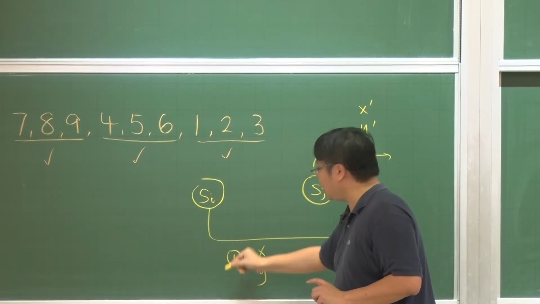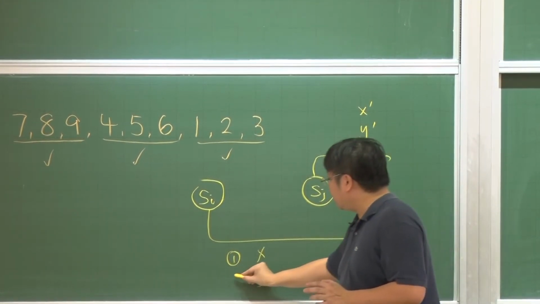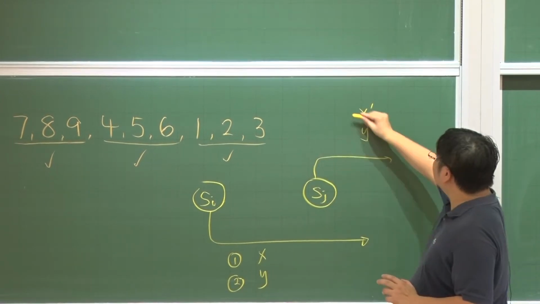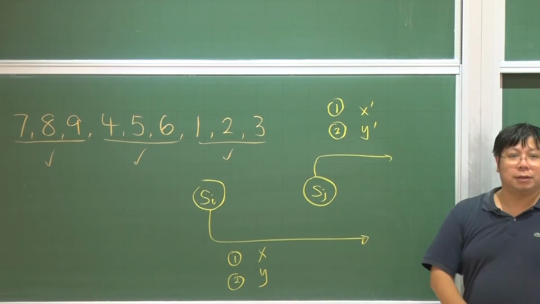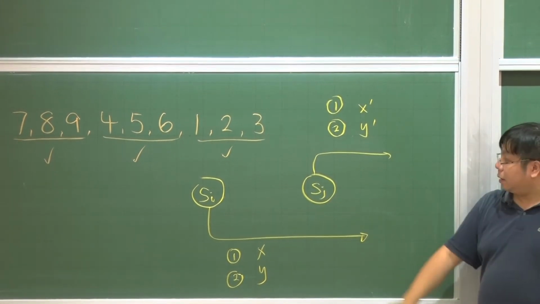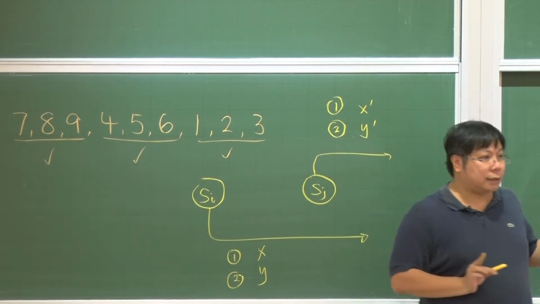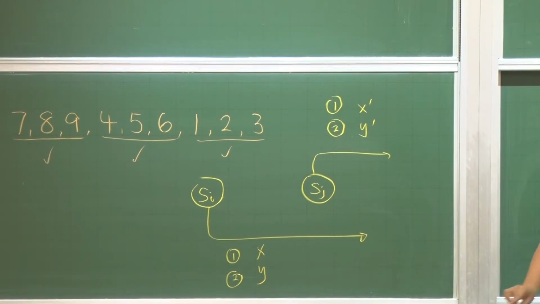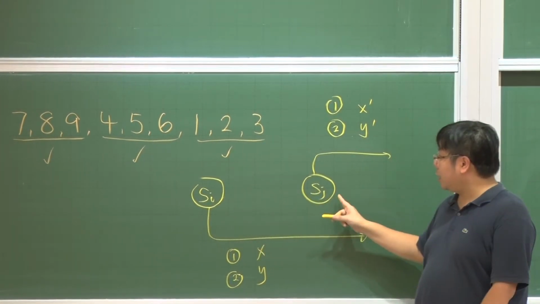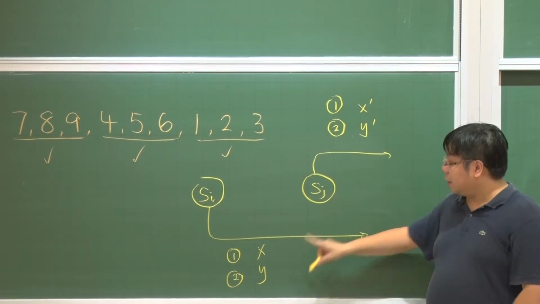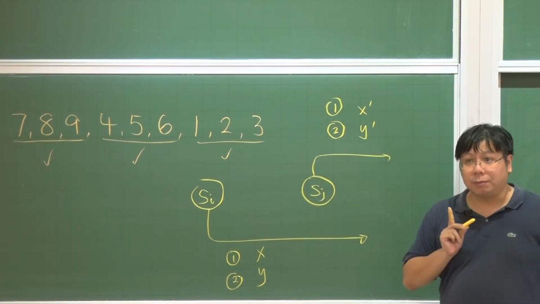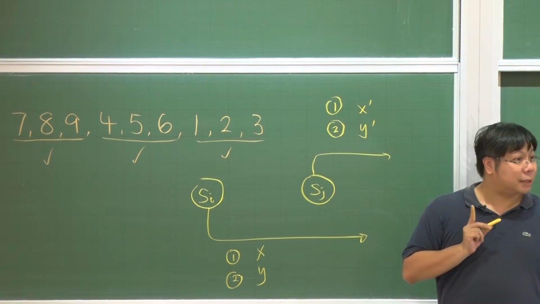So this one has the longest increasing X and the longest decreasing Y. This one has the longest increasing X prime and the longest decreasing Y prime. Now, look at these two numbers. They are distinct. They are not the same. So if Si is greater than Sj, then Y has to be greater than Y prime. Does that make sense?